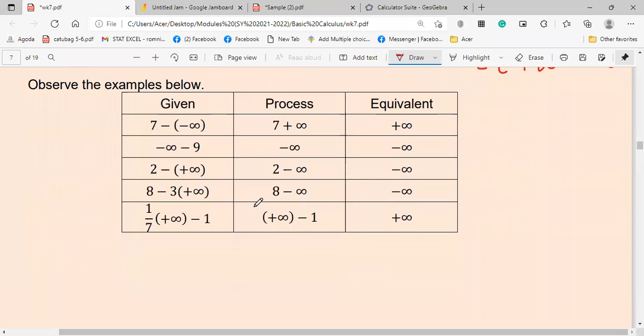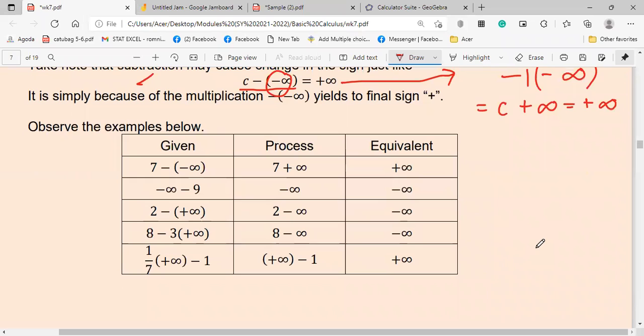And what else? Oh, ito na yung process. I think nakaka-relate na kayo dito in your performance task. 7 minus, ito magiging plus on the process. So, a positive constant plus infinity is positive infinity. No bearing at all. Negative infinity minus 9, negative infinity will prevail.